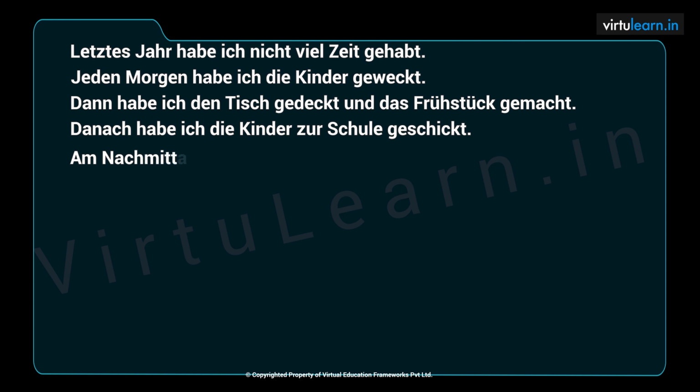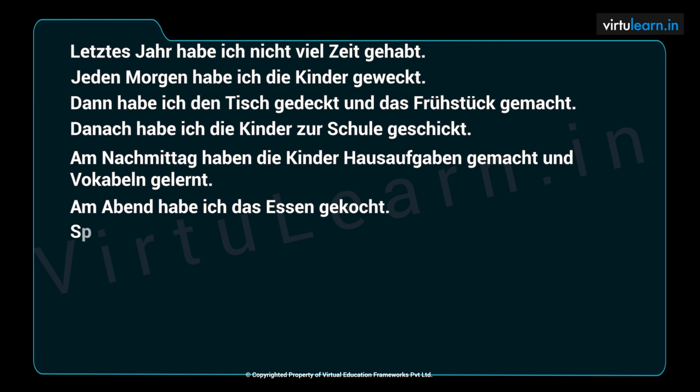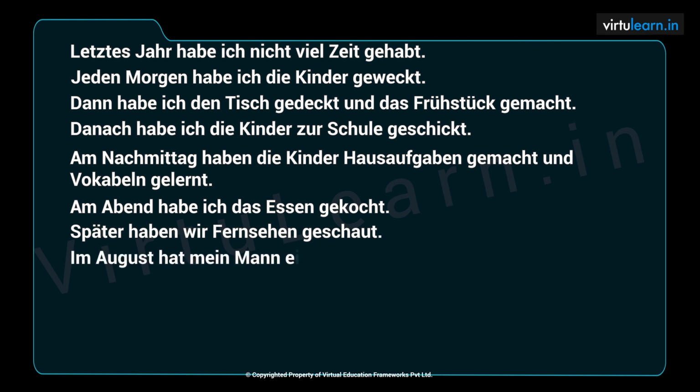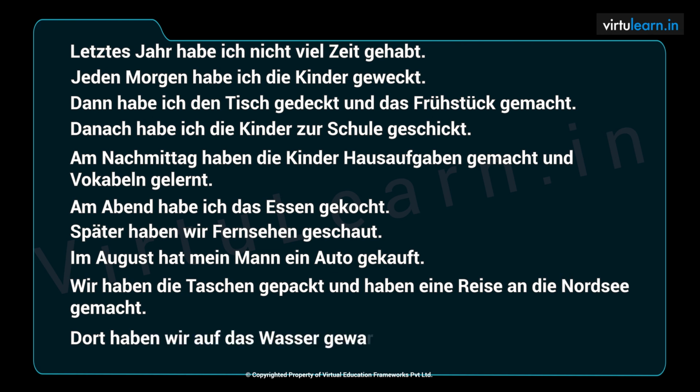Am Nachmittag haben die Kinder Hausaufgaben gemacht und Vokabeln gelernt. Am Abend habe ich das Essen gekocht. Später haben wir Fernsehen geschaut. Im August hat mein Mann ein Auto gekauft. Wir haben die Taschen gepackt und haben eine Reise an die Nordsee gemacht. Dort haben wir auf das Wasser gewartet.